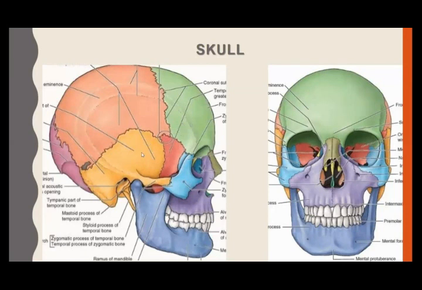Dear, the middle meningeal artery that supplies the meninges divides into two branches, anterior branch running like this, posterior branch running like this. So the anterior branch of the middle meningeal artery runs across like this. So any fracture at this site will damage the middle meningeal artery and vein.